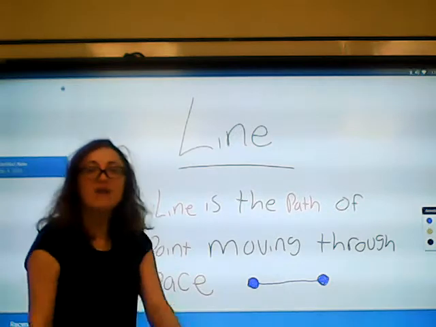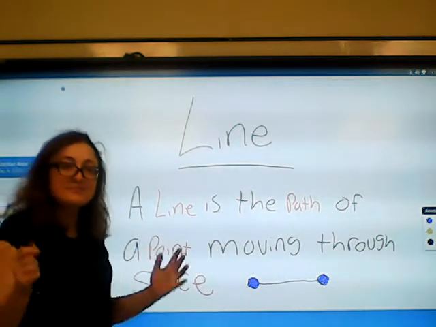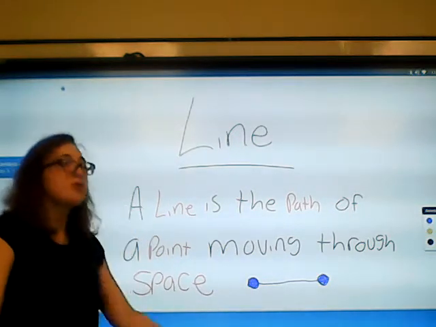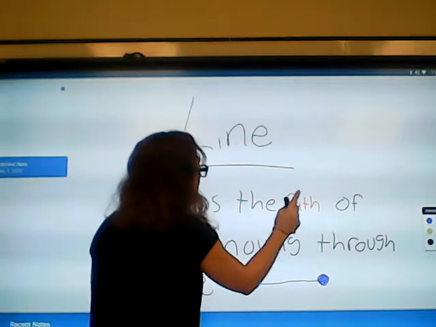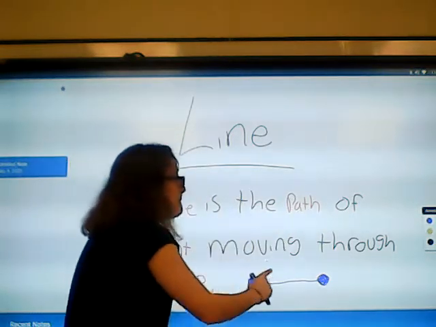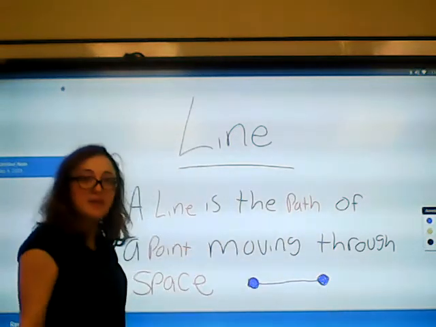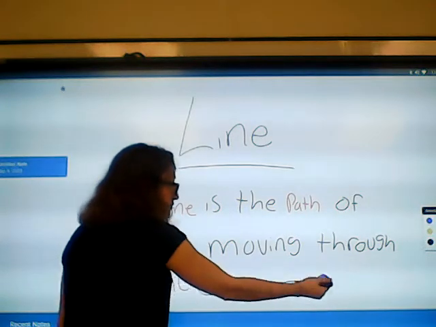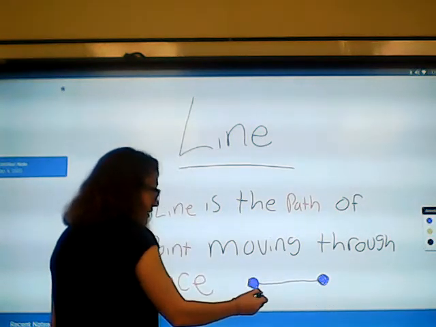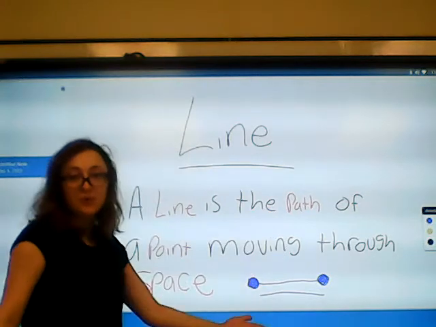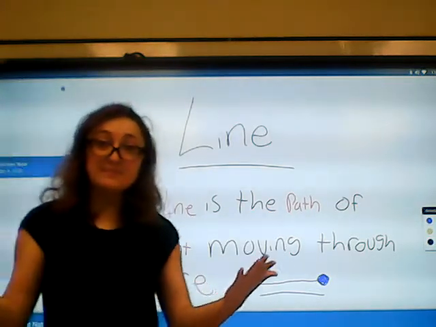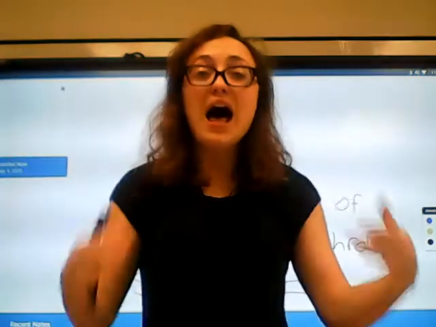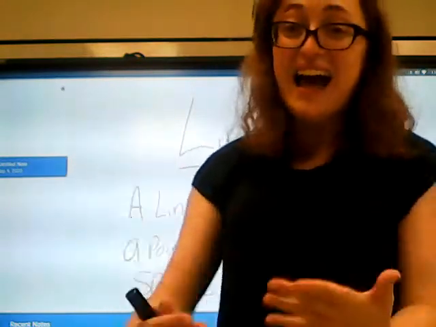That's a line. Easy enough. So let's do that definition one more time. A line is the path of a point moving through space. Meaning if I have a point here and here, a line is what gets me between the two. Make sense?